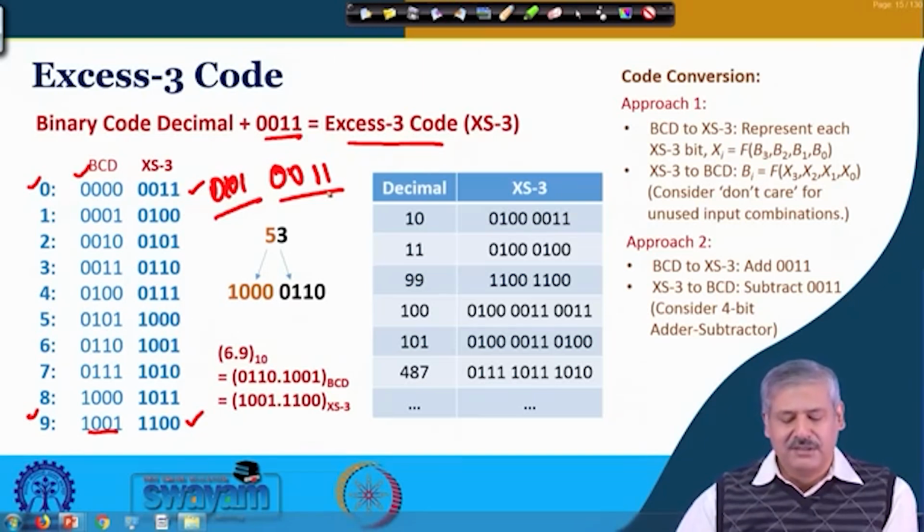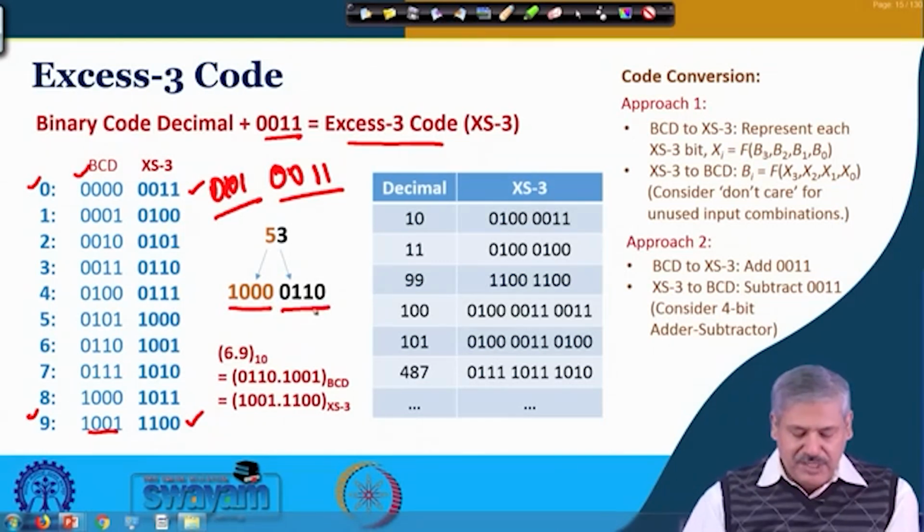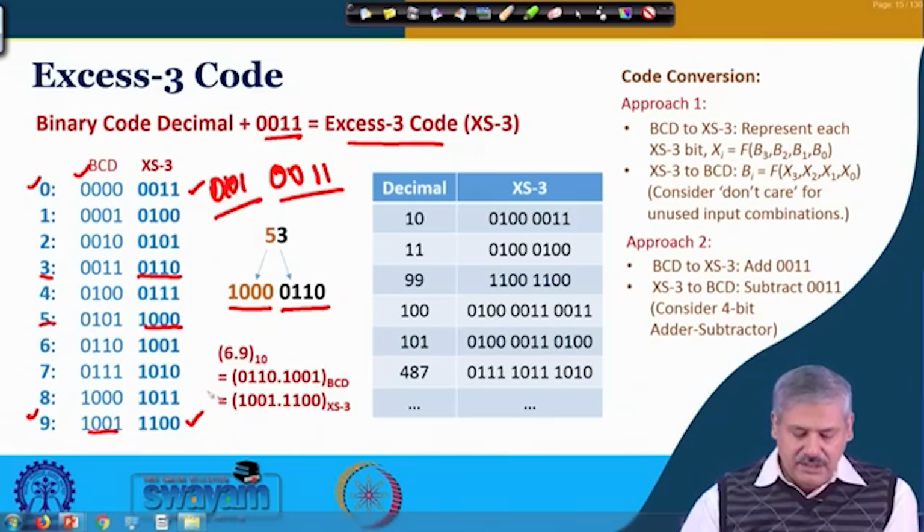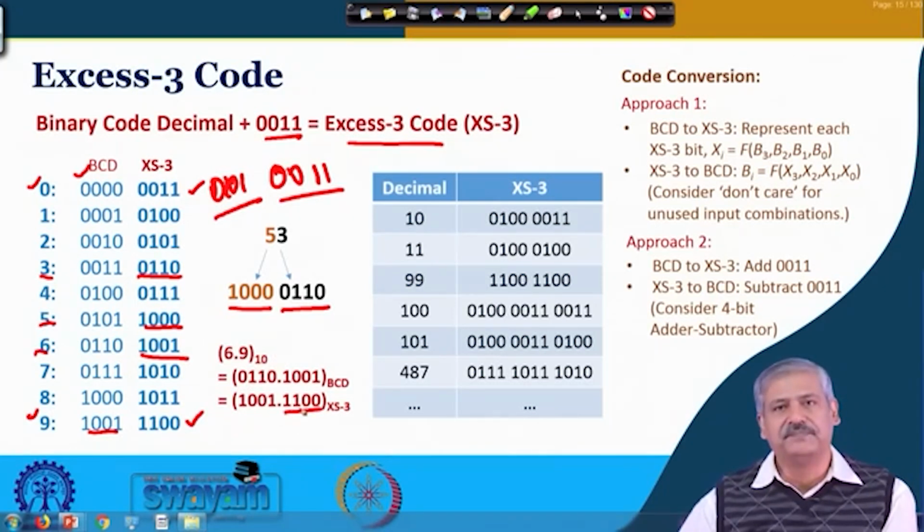But in XS3 code, we add 0 0 1 1, so 5 is 1 0 0 0 and 3 is 0 1 1 0. Similarly, if you want to represent 6 9, 6 is 1 0 0 1 and 9 is 1 1 0 0.